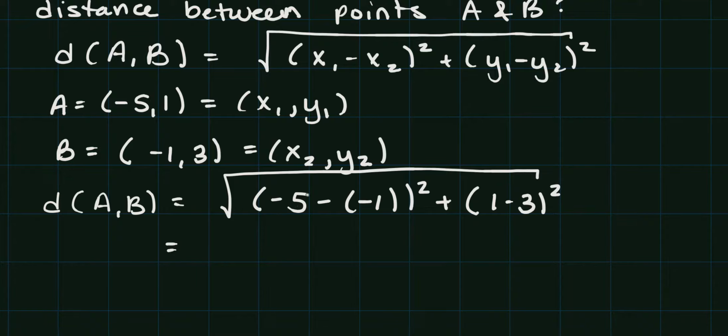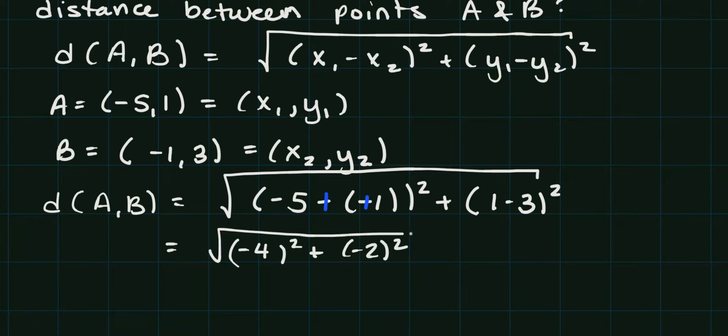What do we get? Well, remember when we subtract a negative, it's the same thing as just adding. So we'll get -4 squared plus -2 squared, and we take the square root. So we get the square root of 16 plus 4, which is the square root of 20.